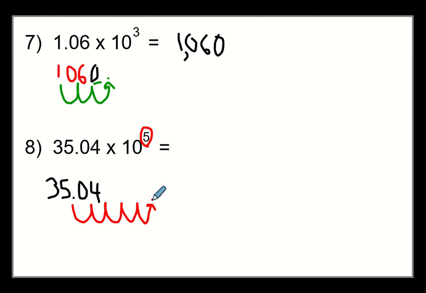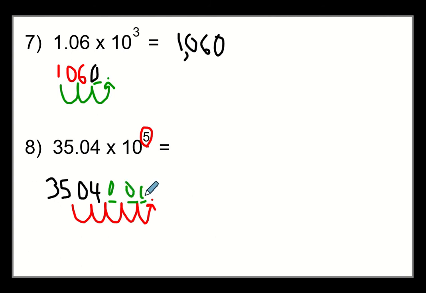I drop off that decimal. I want to erase my old decimal. Come on. There we go. And then I need to recall that I must fill in those blank spaces with a 0 to serve as a place value holder. Because if I don't, I end up with 3,504, but that is not accurate.